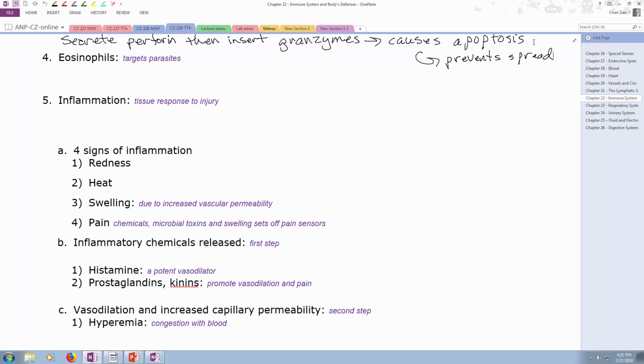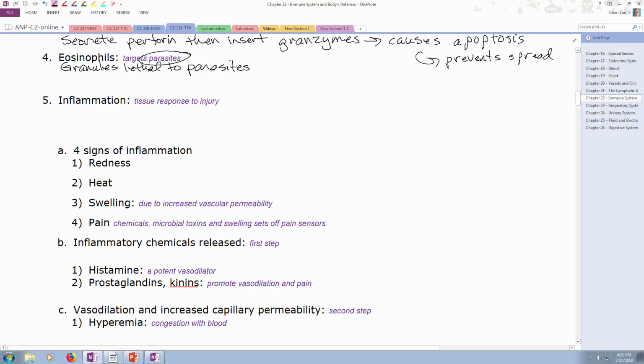Eosinophils, they love worms. They target parasites. And so that's why they have those lovely red granules. So these red granules are lethal to parasites. And they literally dump their granules onto the parasite.